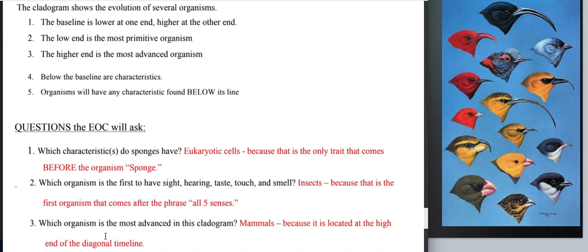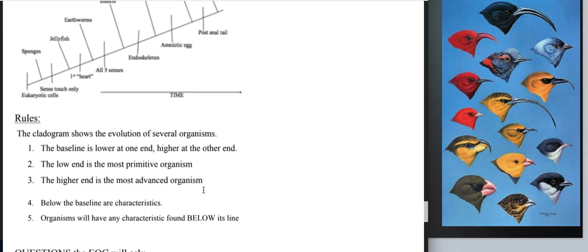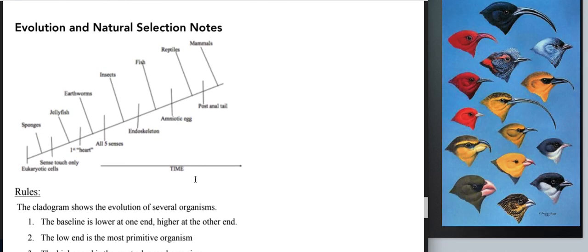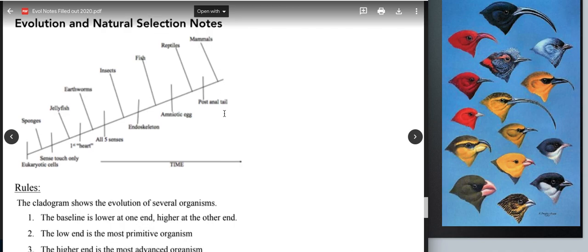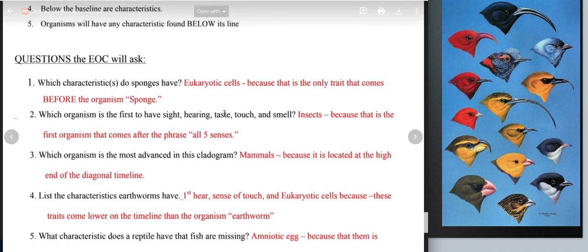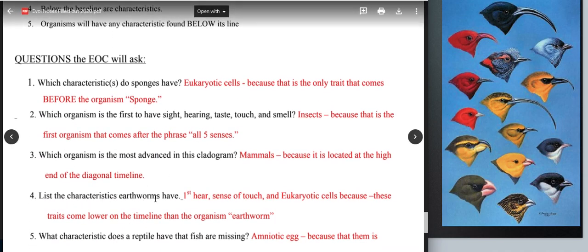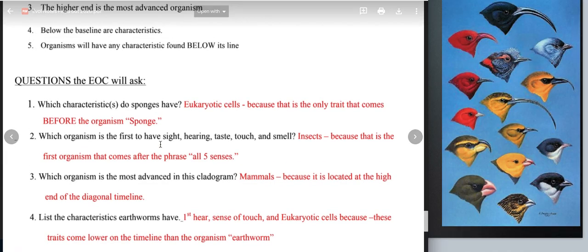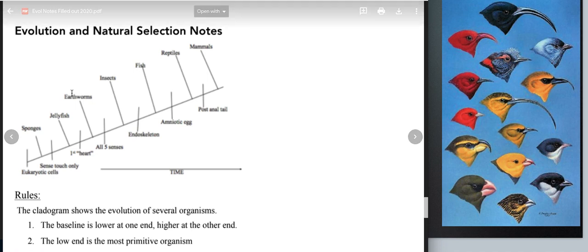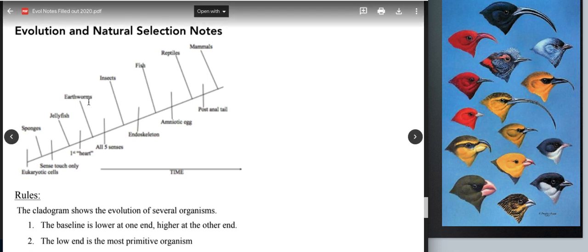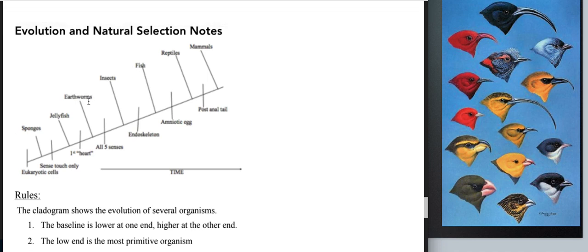Okay. Number 3, which organism is the most advanced on the cladogram? Well, the most advanced is at the top. So which organism is up here at the top? Mammals. Okay. Which characteristics do earthworms have? Here are earthworms. So they have every trait that is below them.